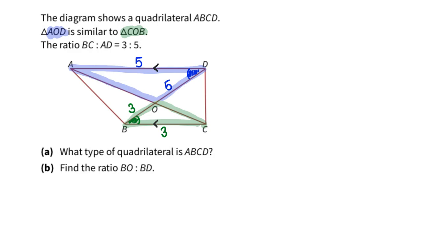And if they are equal, then this translates to alternate angles. And because they are alternate angles, we can safely say that AD is indeed parallel to BC. There's one pair of parallel lines. This is a trapezium.